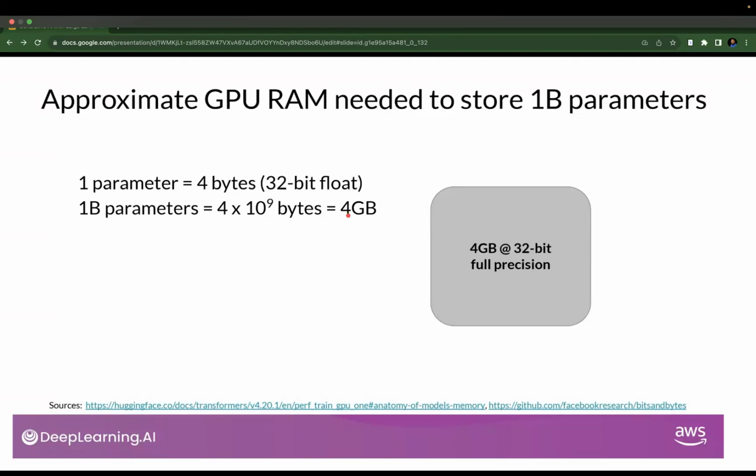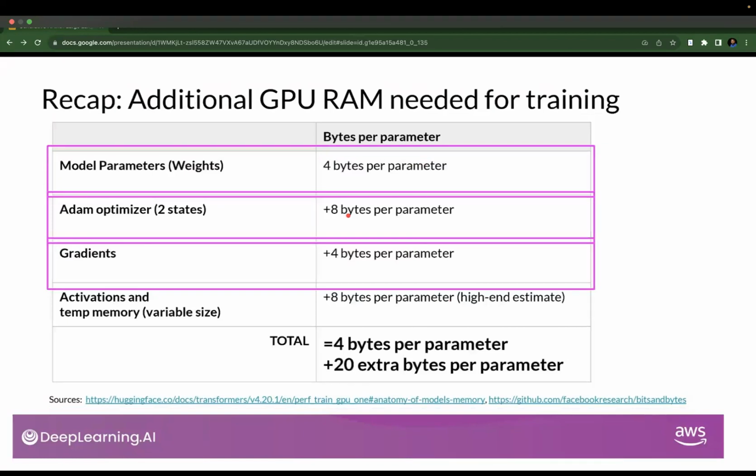But in neural networks, as it turns out, parameters are not the only main concern. The other variables which are used are the optimizer states, gradients, activations, and temp memory.